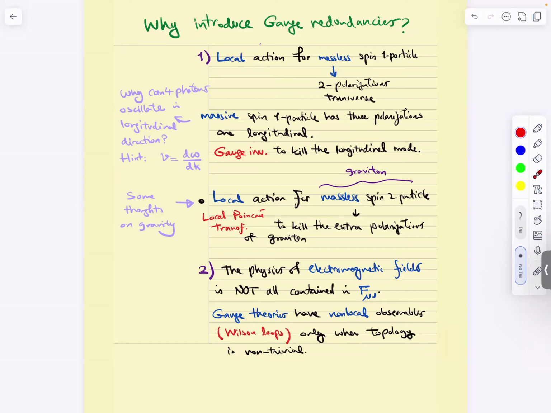So I don't think I'll have time to describe higher form symmetries in their full glory, but if you have a theory, so a loop, right? A loop is a one-dimensional non-local operator.